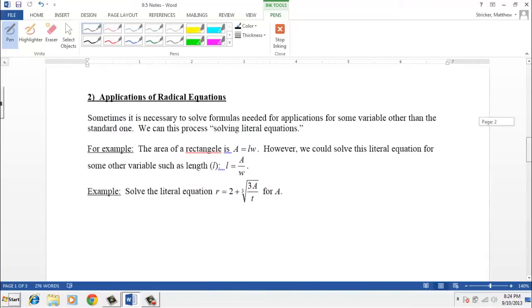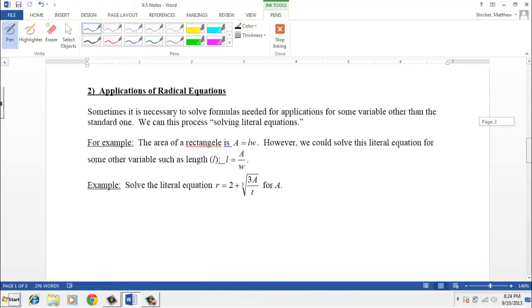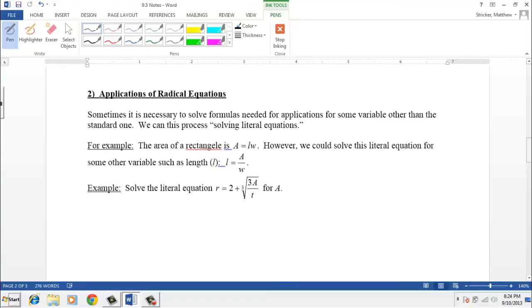Applications of radical equations. If we're trying to solve different applications, sometimes we need to solve what's called a literal equation. That's where we take an equation like A equals L times W, and we solve for one of the variables that hasn't been solved for.